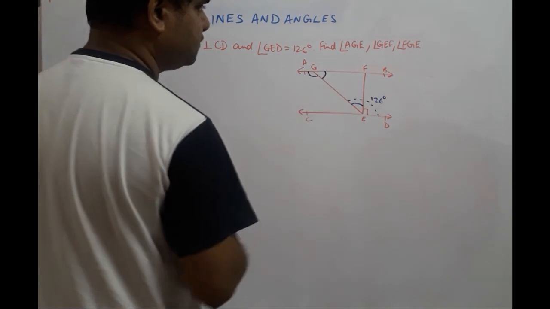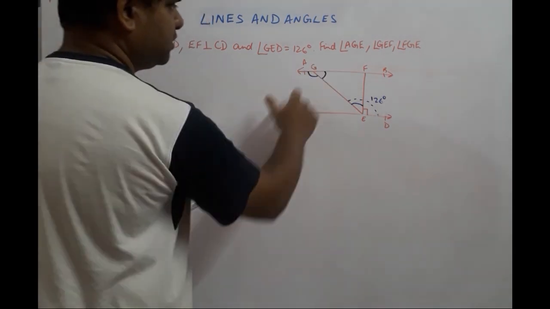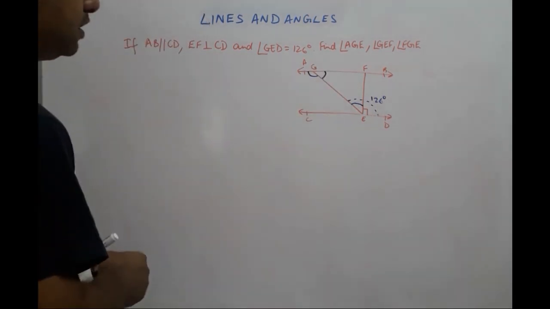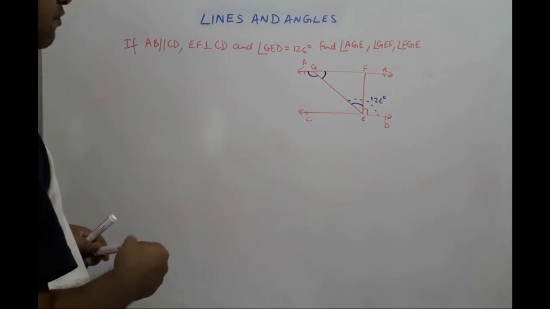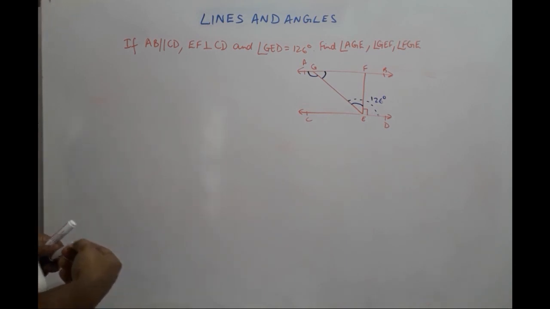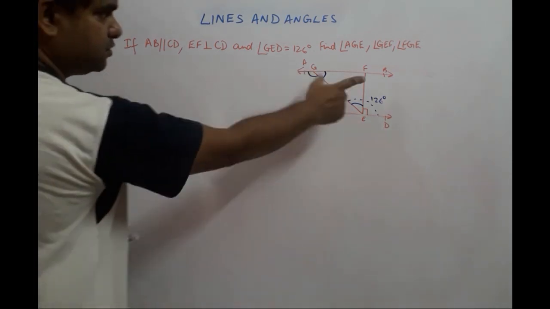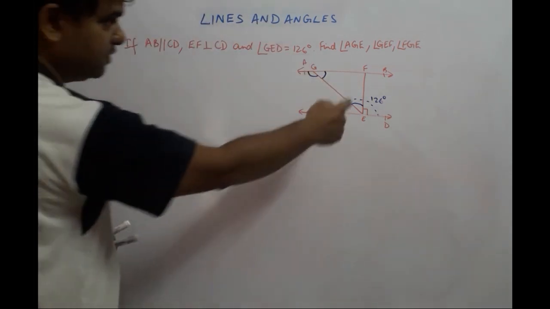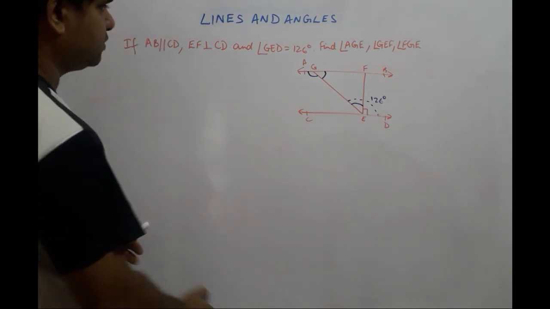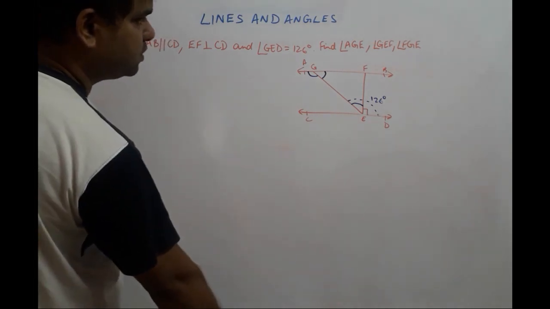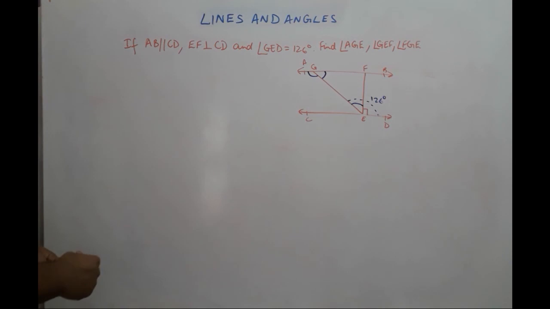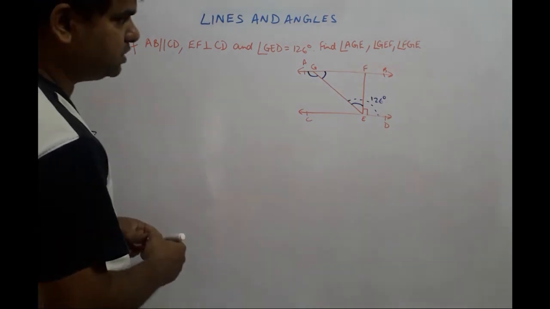So both these angles we need to find out. Alright, now let's begin with what we have been given. We are given AB is parallel to CD, EF is perpendicular, okay, and GED is equal to 126 degrees. So let's begin with angle GED.